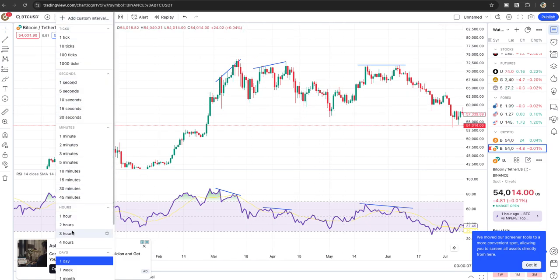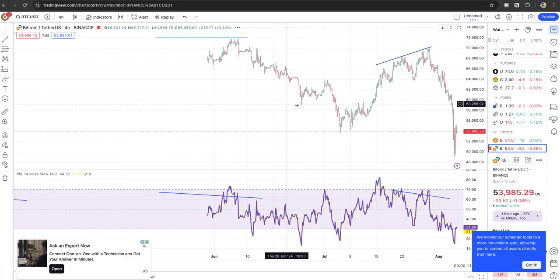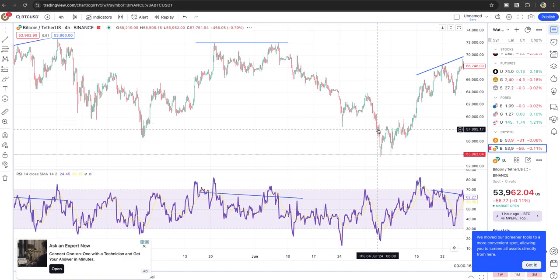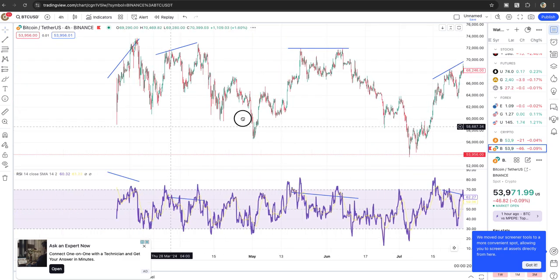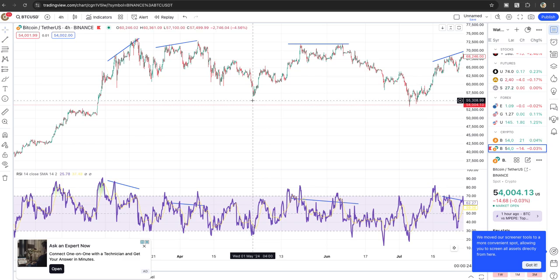I'm using the 4-hour chart to show exactly how to identify the bottoms. In here you can see this is the first top, and then this is the bottom. This is the bottom.